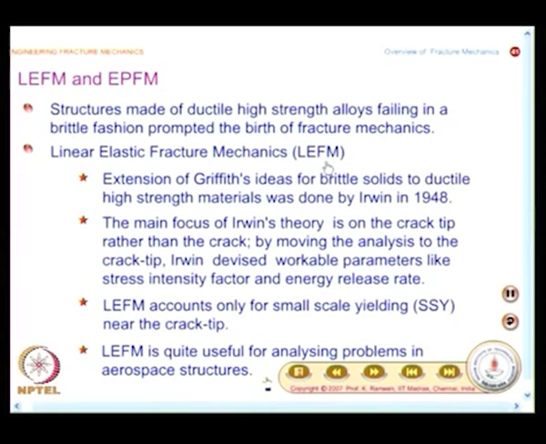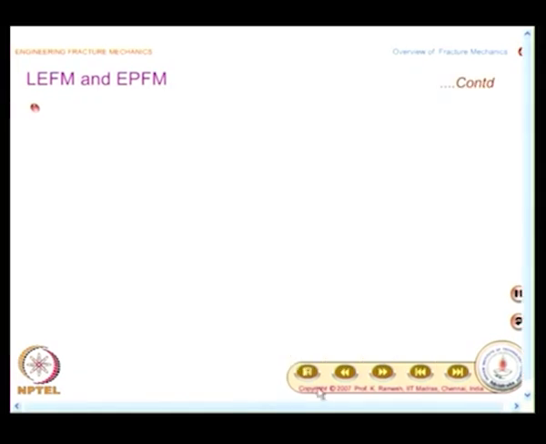The use of LEFM is found in aerospace structures, because you use essentially thin structures, and by and large it is more of a thumb rule. Some aerospace components will also require EPFM, but by and large LEFM is applicable to aerospace structures.